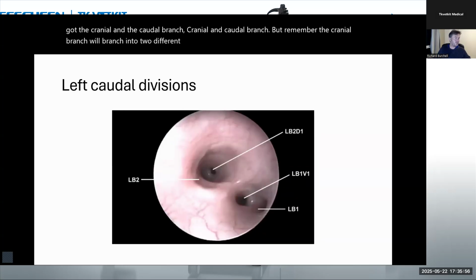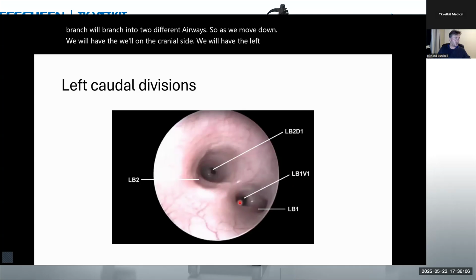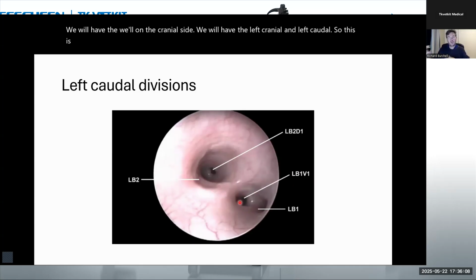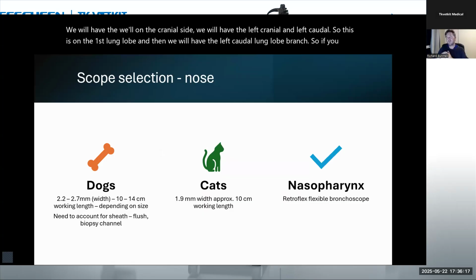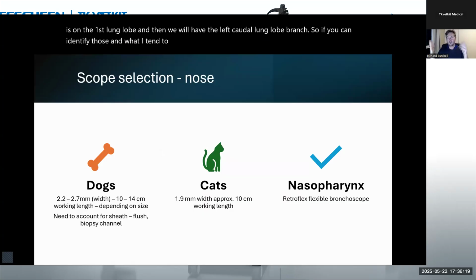So as we move down, on the cranial side, we will have the left cranial and left caudal. So this is on the first lung lobe, and then we will have the left caudal lung lobe branch.